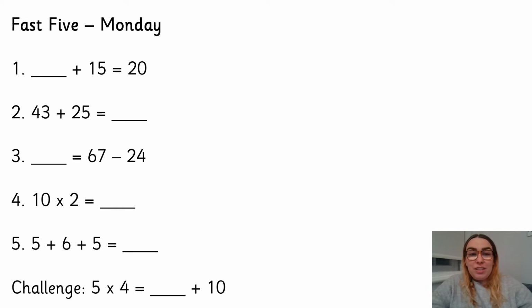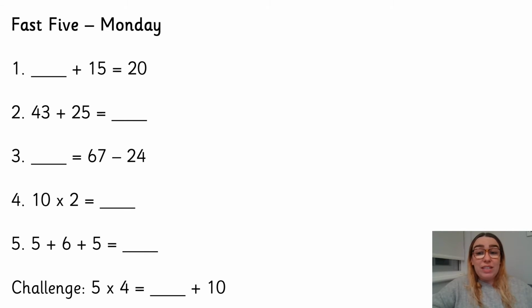Okay, we are going to go through the answers. So last week we were on our number bonds to 10. Hopefully we all know them now. If you don't, you could be using Numbots to help you. Or if you need extra practice, then I can send some extra bits to your parents via email. This week we're doing our number bonds to 20, so we can use our number bonds to 10 to help us. So something add 15 is 20.